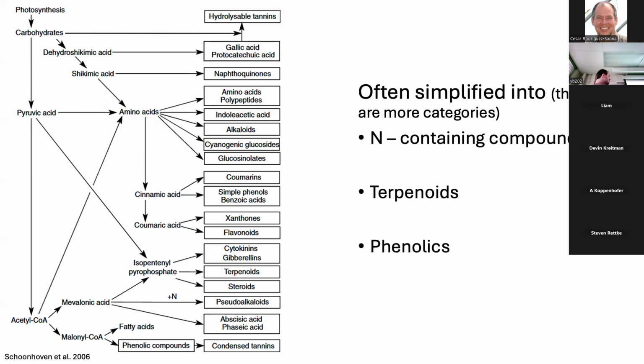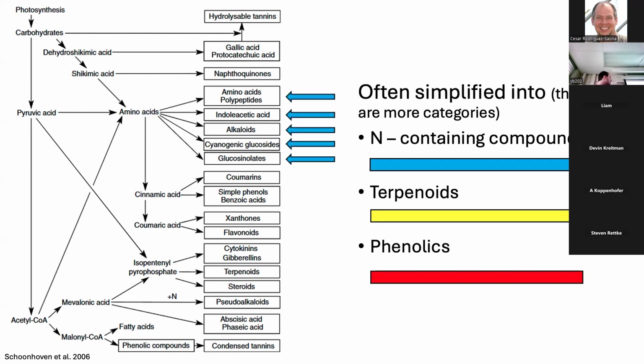When we look at this chart, we have a whole area that derives from the amino acids, which are nitrogen-containing compounds, which makes sense because amino acids contain nitrogen. We also have a whole section here which are the terpenoids. And if you added nitrogen to a terpenoid, it could be multiple. There could be overlapping.